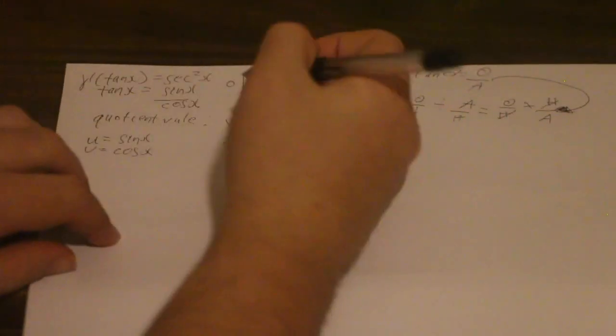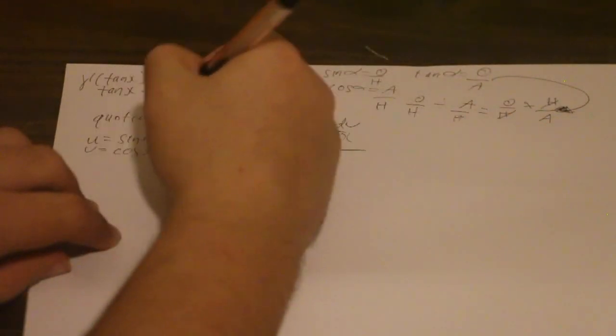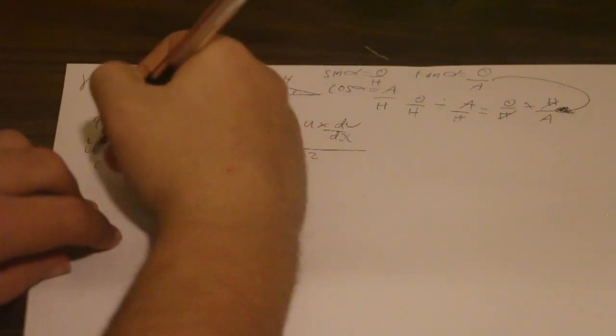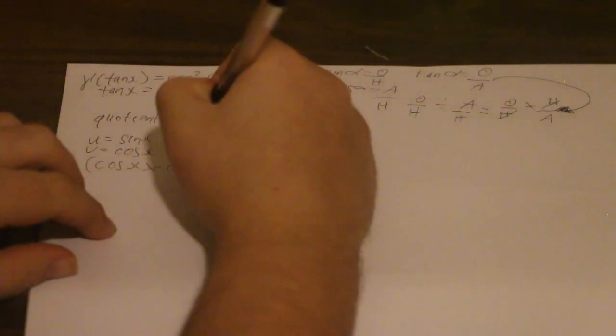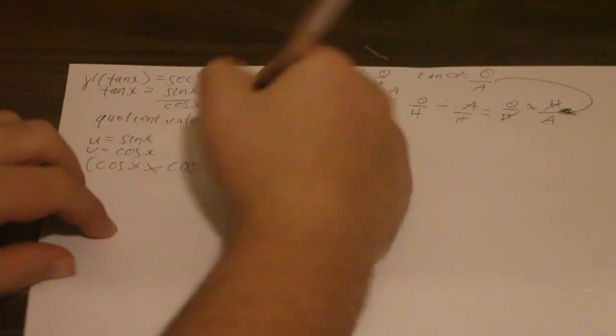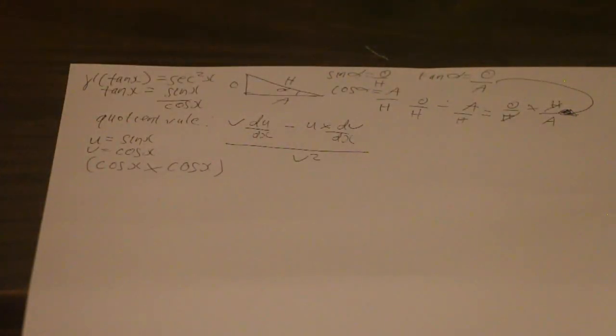So v, which is cos x, multiplied by du by dx, and du by dx is cos x. So the derivative of sin x is cos x, and we can prove that using limits, but that should be for another video because it's a lot more complicated.